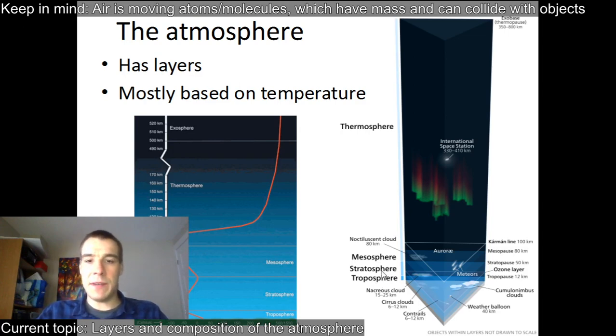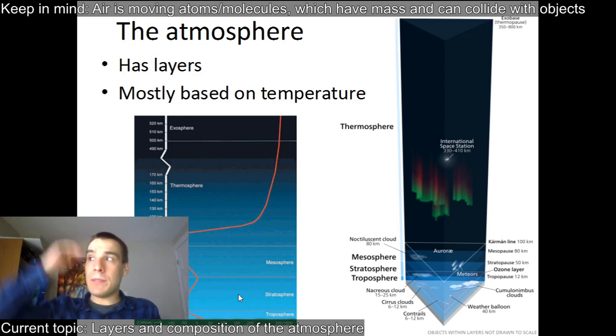A lot of people have heard of the stratosphere. That's the one that people remember the most. Then there's the mesosphere. Meso literally means middle, so mesosphere. Then there's quite a big one, which is called the thermosphere. And then above the thermosphere, above 500 kilometers, is the exosphere.